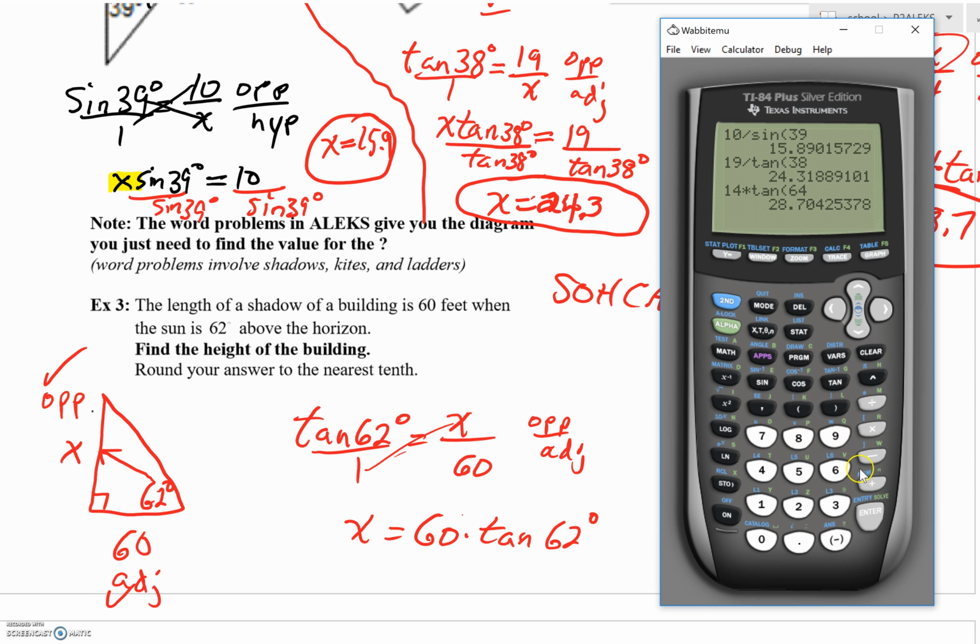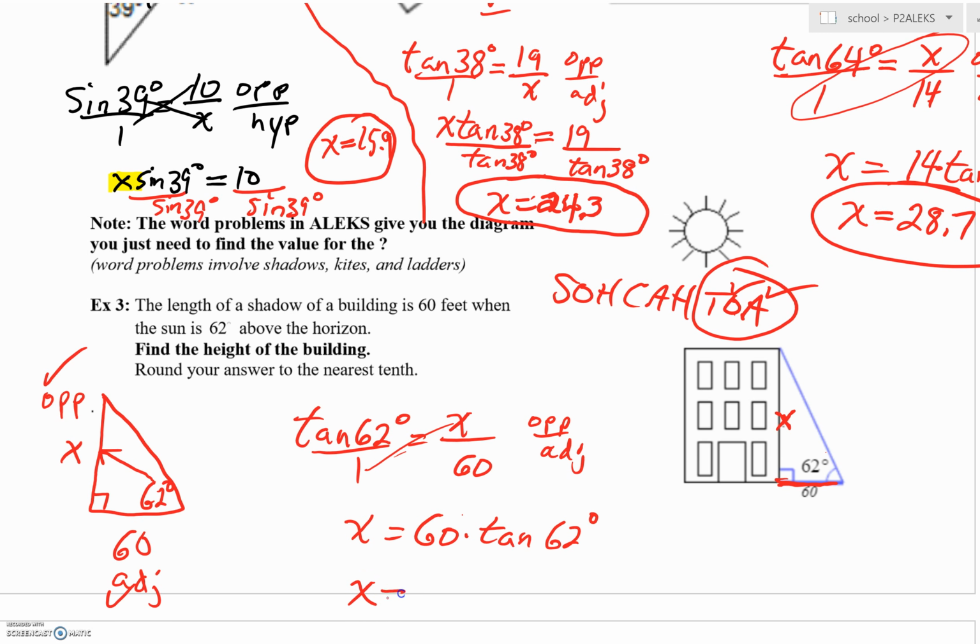All you got to do is type in 60 tangent 62, and you can see it's 112.84, but to one decimal place, that's 112.8. So this building is 112.8 feet tall, and that's the power of trig right there.